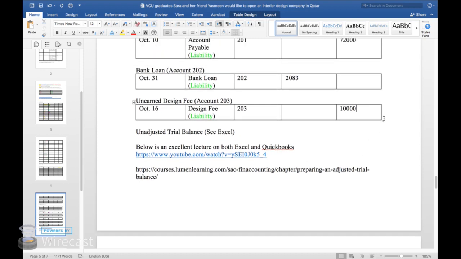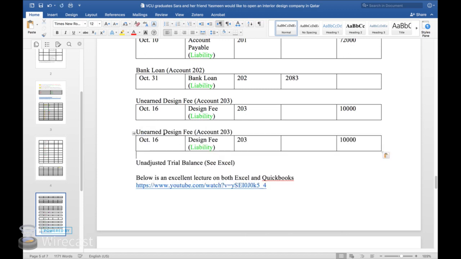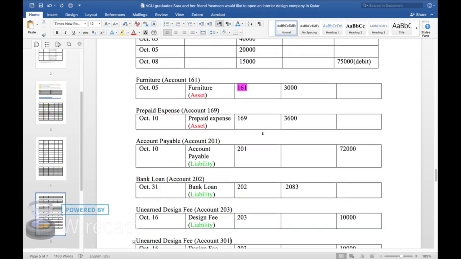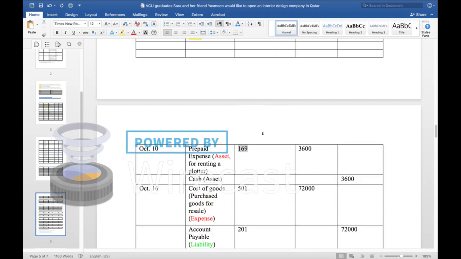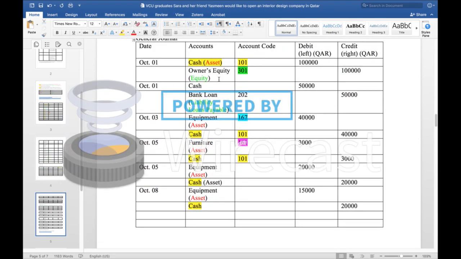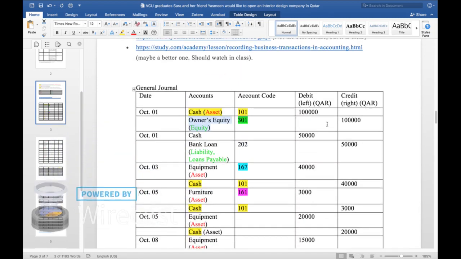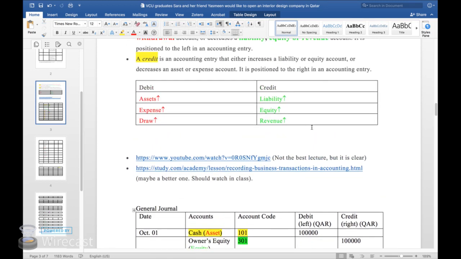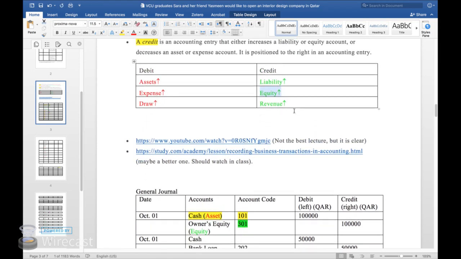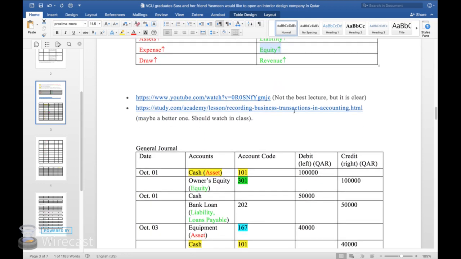So we do have account 301, which is very easy. Let me just copy this; you can do the same and paste. Account 301, let's change this. What is 301? It is owner's equity, and it is recorded as equity.